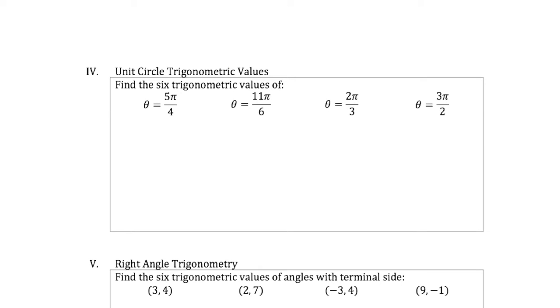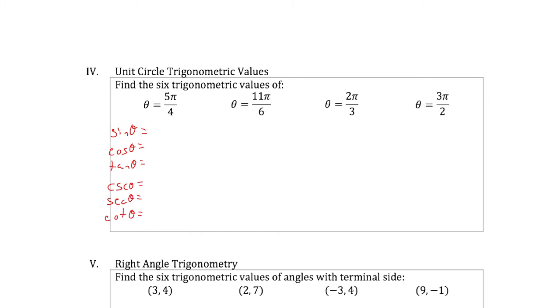Okay, here we just want to find the 6 trigonometric values for all of these. So we're going to have sine of theta, cosine of theta, tangent of theta, cosecant of theta, secant of theta, and finally cotangent of theta.